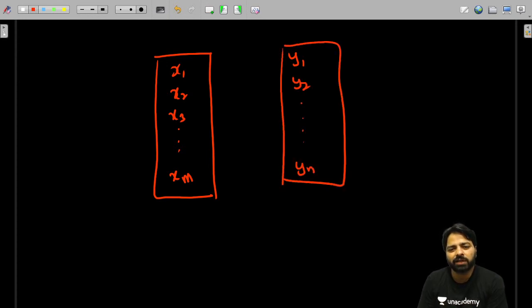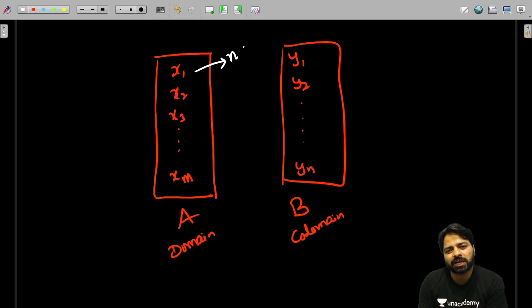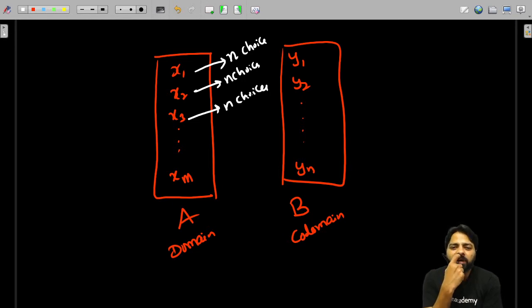Assume this is a domain and a codomain. Tell me, x1 has how many choices? n choices. x2, n choices. Everybody has n choices. You can map to anybody, but to exactly one, nC1.